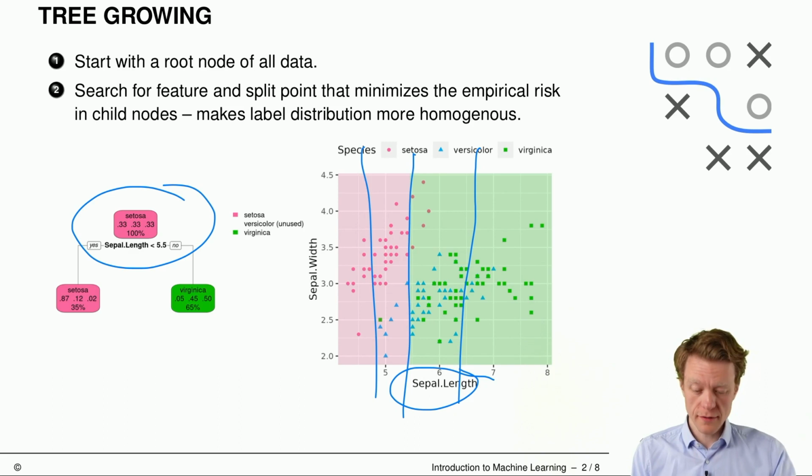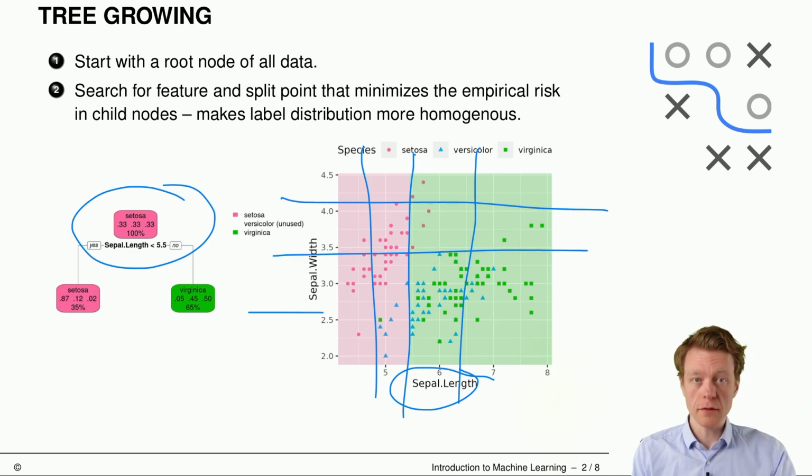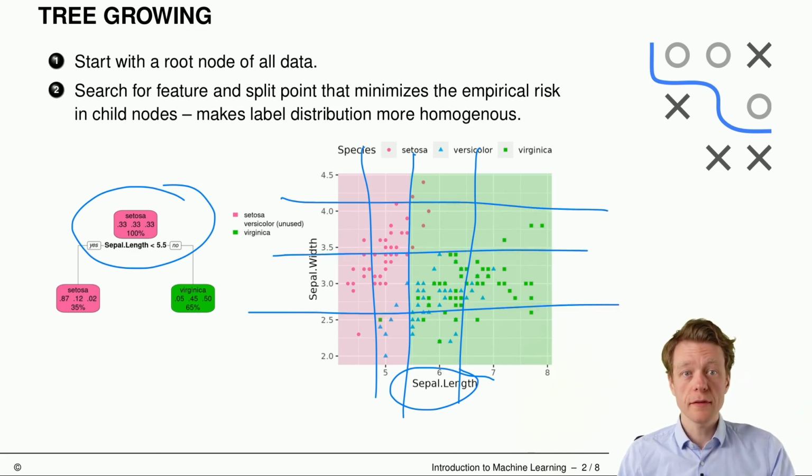We could also look at sepal width and split here or there or wherever. And for each binary split, we get two child nodes, a left child node and a right child node. And we can then look at the empirical risk in those child nodes and then sum them up or take some weighted mean or whatever and look which of these splits is best.